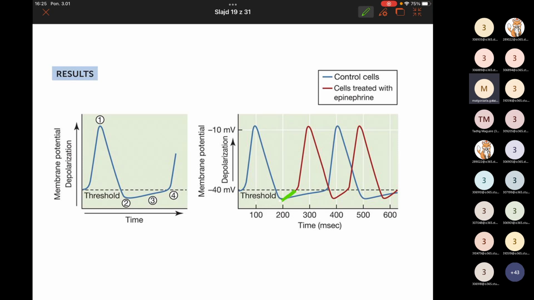So the slow depolarization before reaching the threshold is shorter, as well as the repolarization, but mostly the slow depolarization before reaching the threshold is faster. That's why the action potential is generated faster and the heart rate increases.